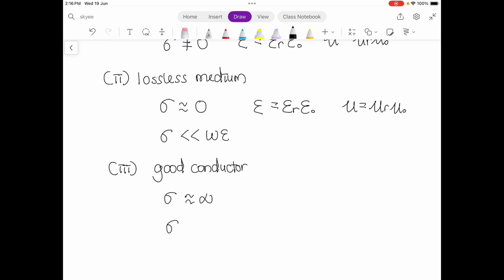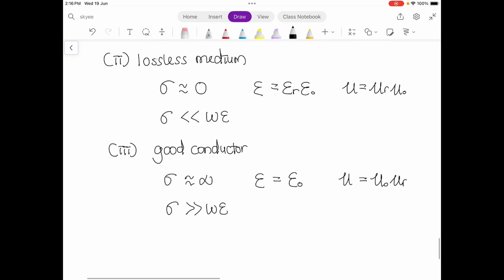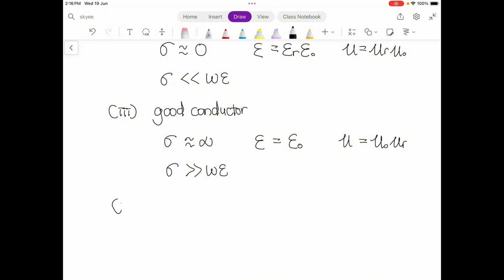Or we can say that as long as the conductivity is greater than omega epsilon, then it is a good conductor. For this one, mu is equal to mu naught. There is no mu r for a good conductor. So this is the characteristic of the good conductor.